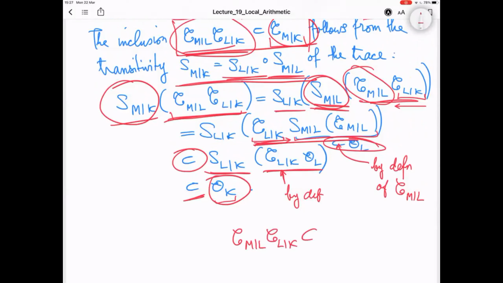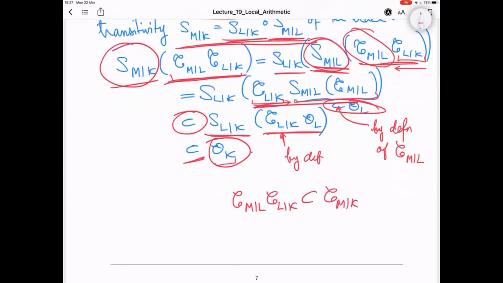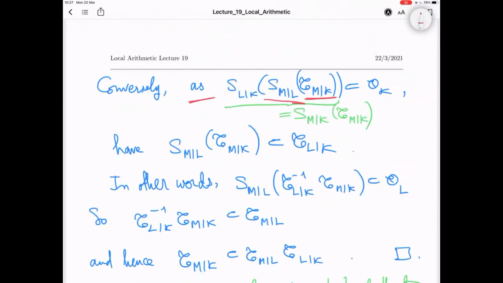Now I have to prove it in the other direction. So for the converse, what I have is, if I start with C M over K, take the trace down to L, and then take the trace down to K, then of course I'll land in O K, because this here is equal to S M over K. Fine.